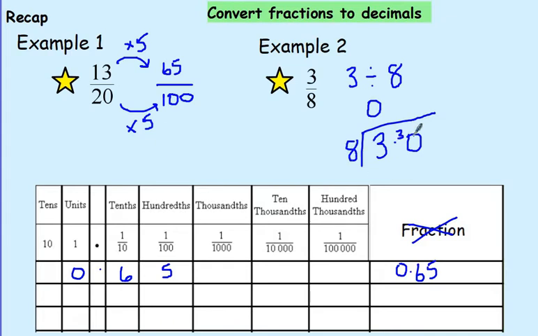The number of 8's in 30 gives me how many, Trenton? 3, lovely, remainder 6. How many 8's are there in 60, Breeze? 7, 7 8's are 56, remainder 4. And Robert, how many 8's are there in 40? 5, lovely. So that gives me 0.375.